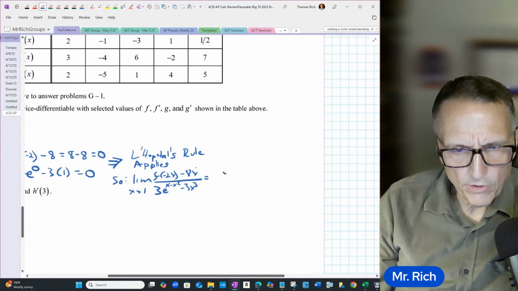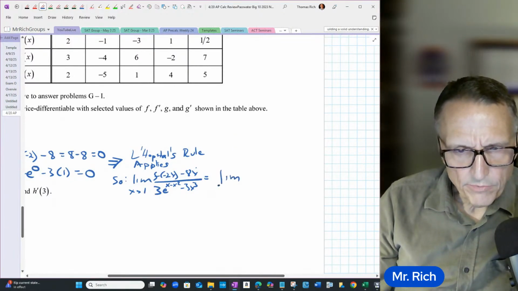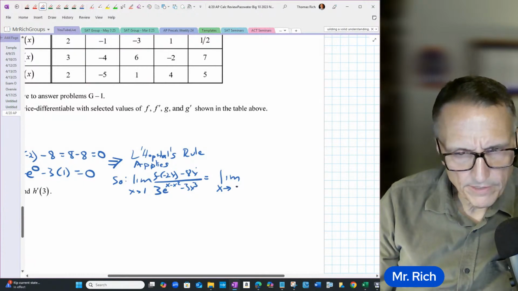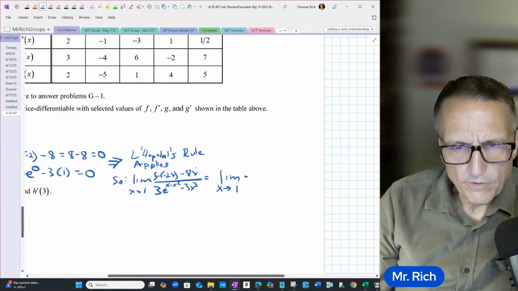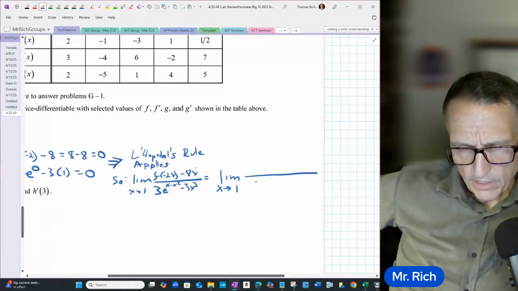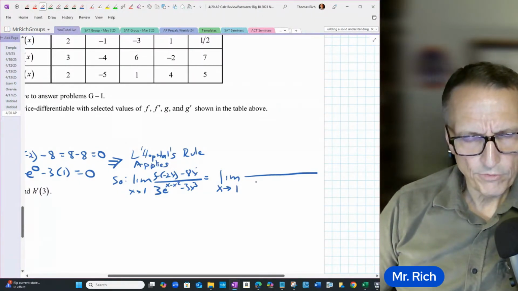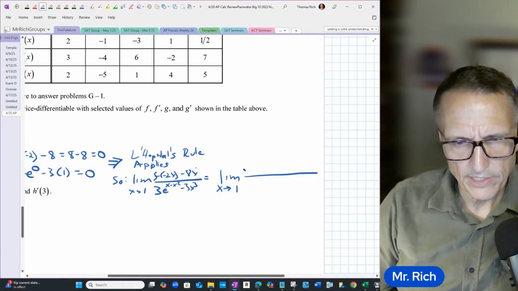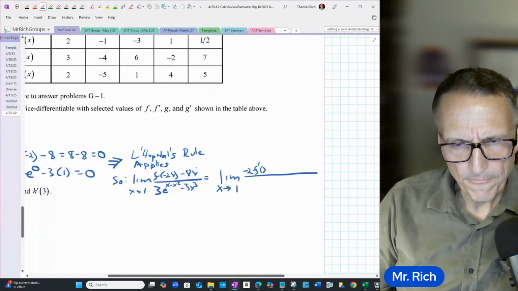So by L'Hopital's rule, since we proved that we have an indeterminate form with 0 on the top and bottom, what I can do is write a new limit of the derivative of the top over the derivative of the bottom. So the derivative of f of negative 2x is negative 2 times f prime of negative 2x.